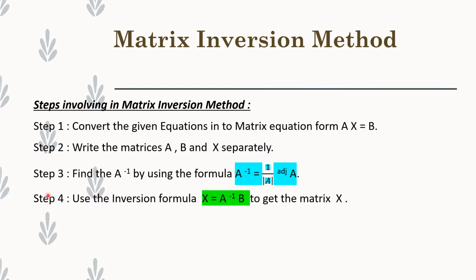Then step 4 is use the inversion formula X equal to A inverse into B to get the matrix X. That is, multiply the A inverse matrix that we get in step 3 and the B matrix in step 2, ordinary matrix multiplication, to get the matrix X. In that, we have to write the unknown values.